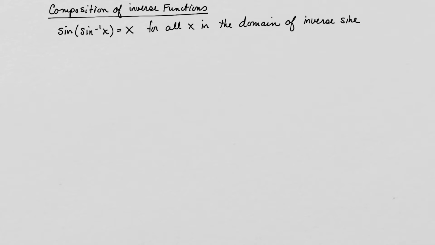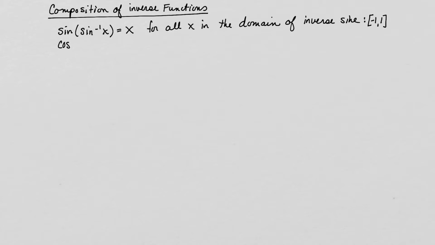We talked last class about the domains and ranges of inverse sine, inverse tangent, and inverse cosine. So the domain of inverse sine was -1 to 1, right? I can only put in values between -1 and 1 because the original sine function only outputs values between -1 and 1.